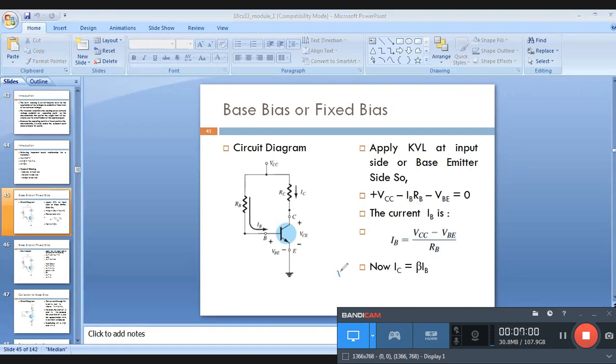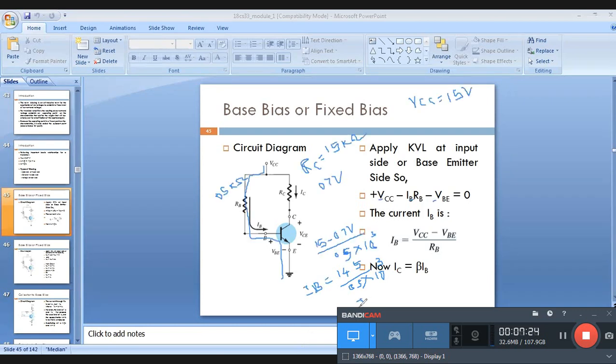This is equal to 14.3 divided by 0.5 into 10 to the power of 3. What value will you get? How much will you get? Calculate now. 0.02, correct?